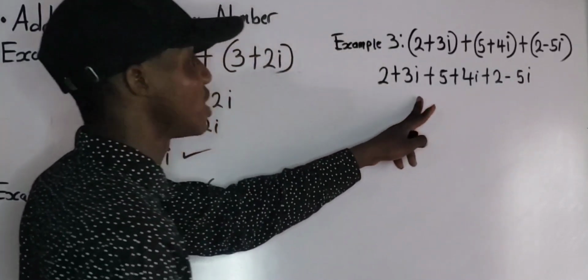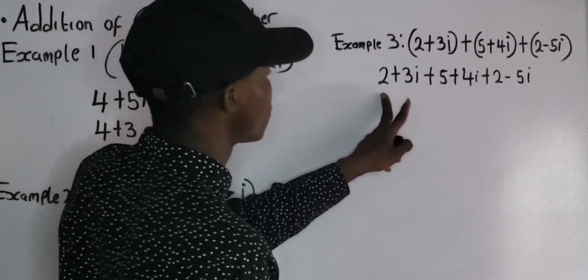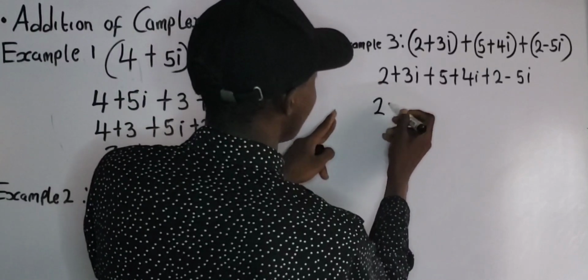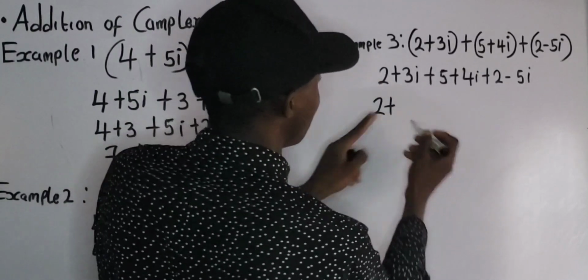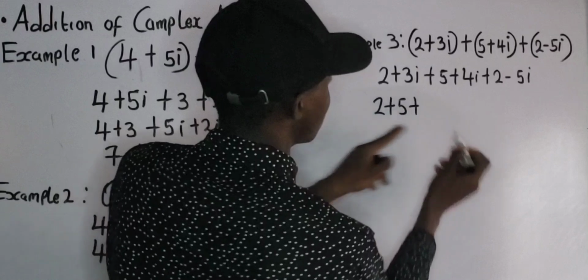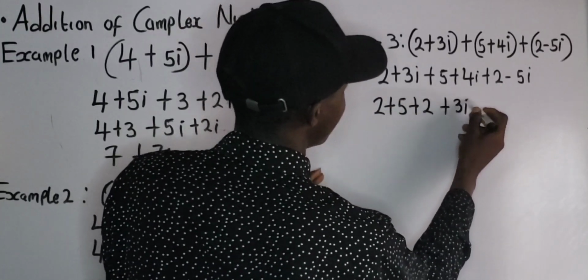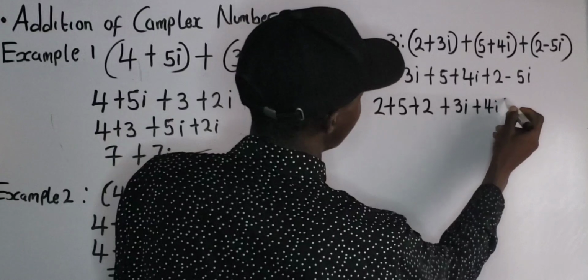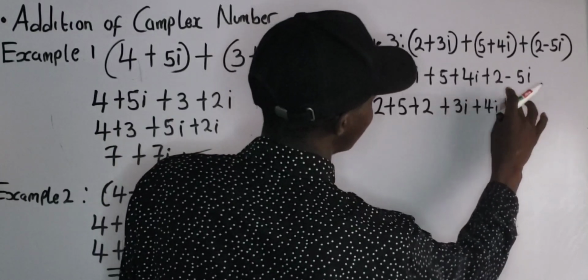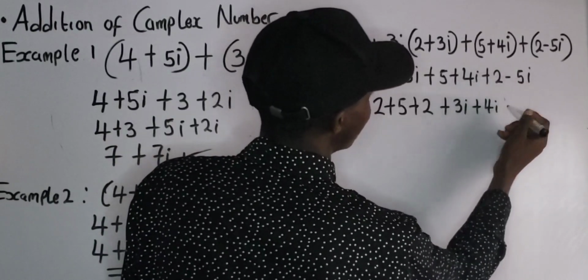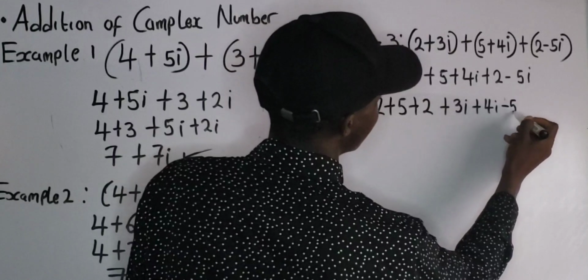So now we are going to collect like terms. Okay, so 2 does not have an imaginary unit. 2 plus 5 plus 2, plus 3i plus 4i, minus, this should be minus because of this sign, 5i.